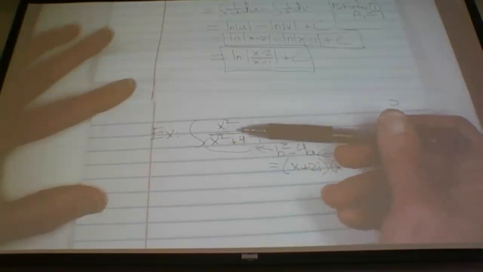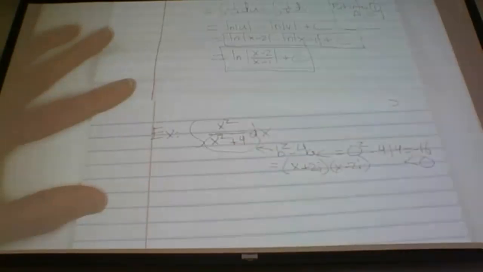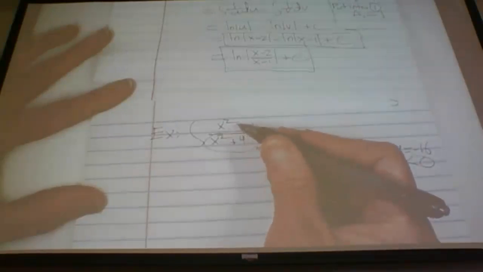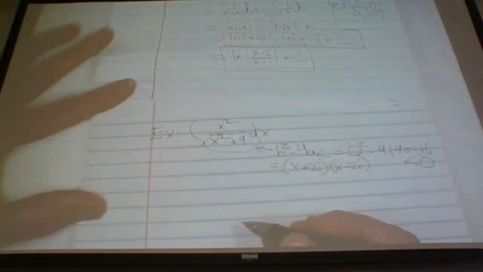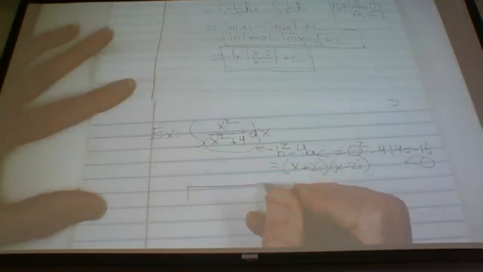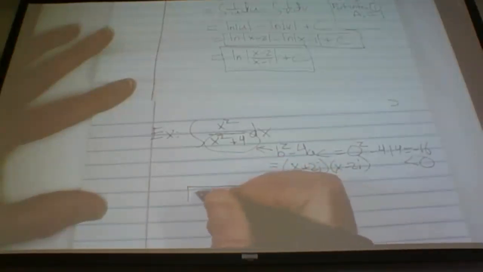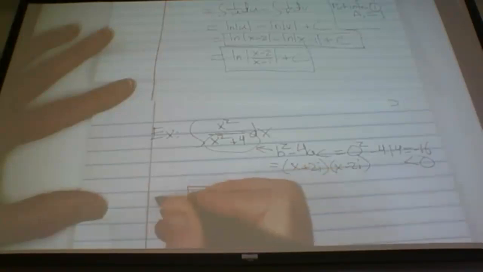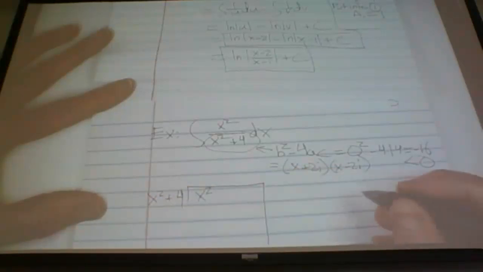Even if it was factorable, the numerator has the same degree as the denominator. It's not lower degree on top. You can't apply partial fractions. So what you do when the numerator has at least the degree of the denominator is you first do a long division. You divide the numerator, x squared, by the denominator, x squared plus 4. That's what that means, right?